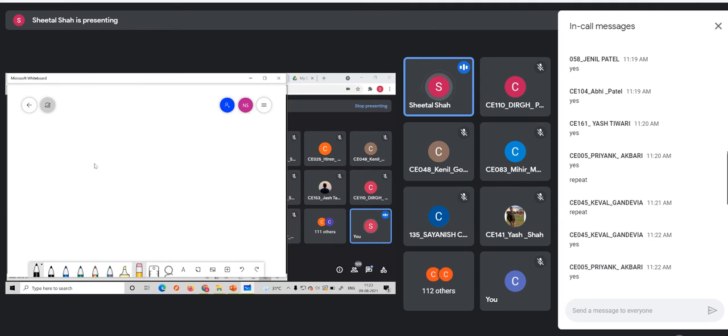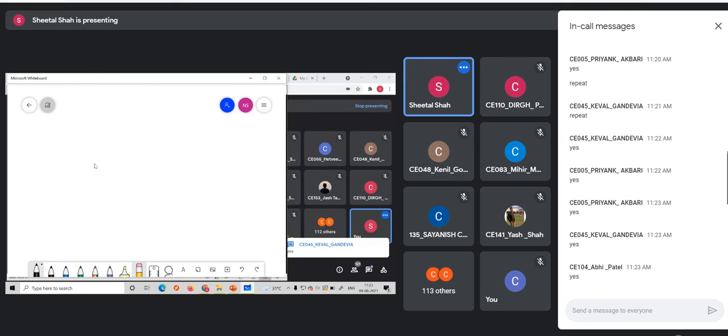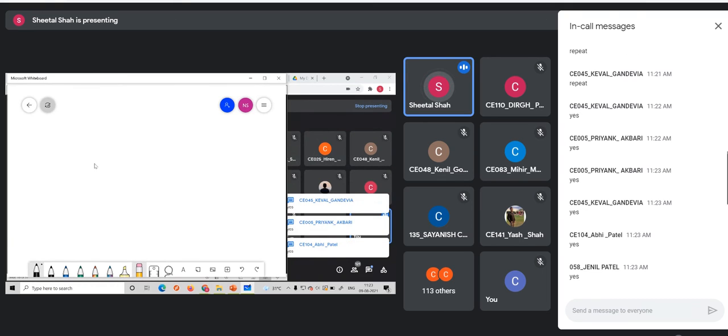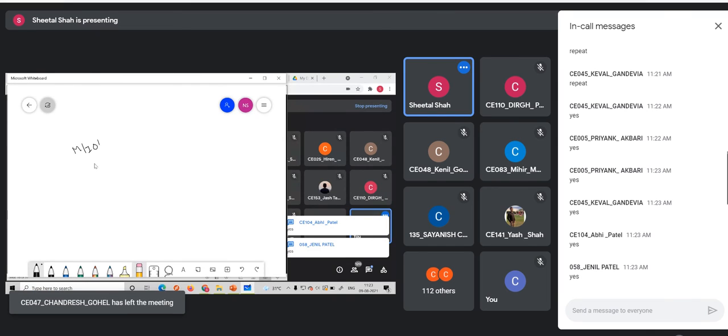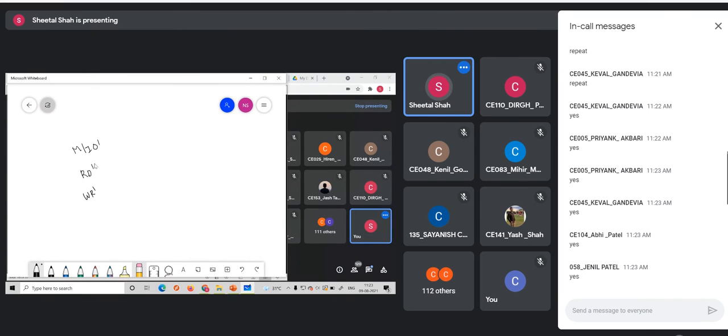Is the whiteboard visible? Okay. So in our 8086 processor, we have M/IO bar, read bar, write bar signals. Such pins are already available.